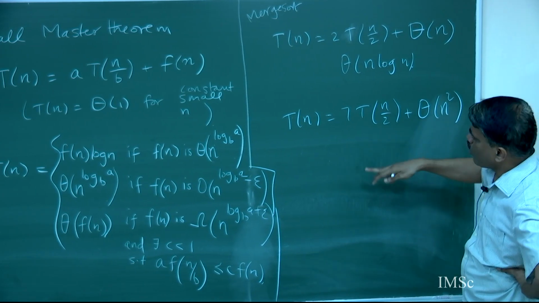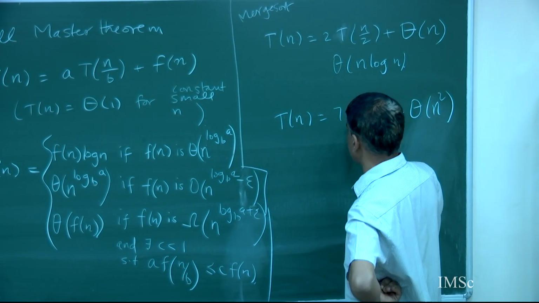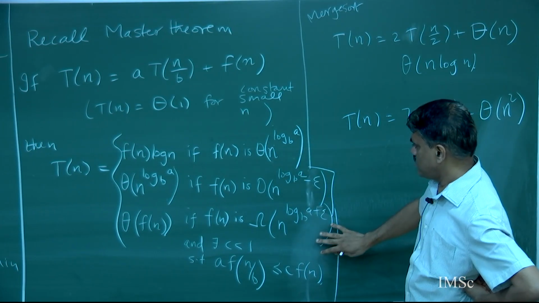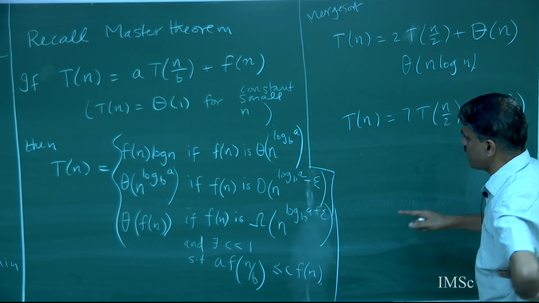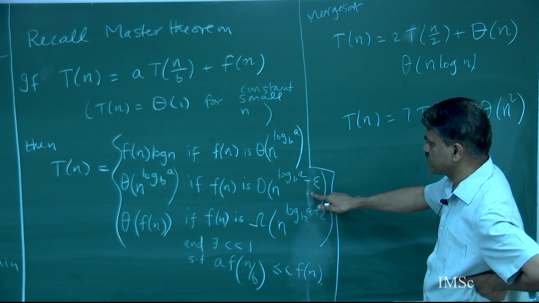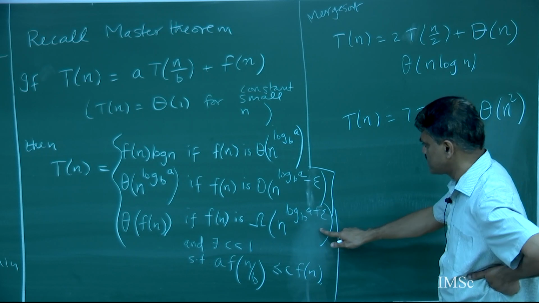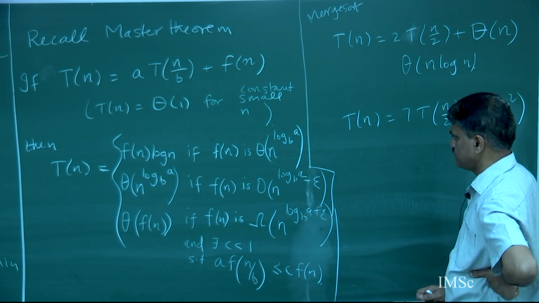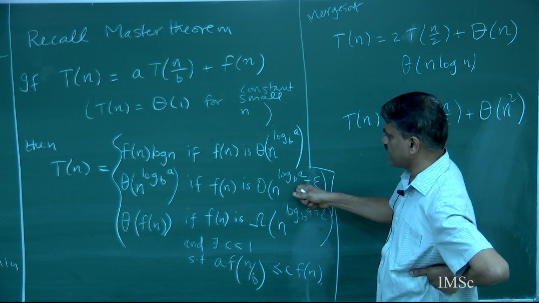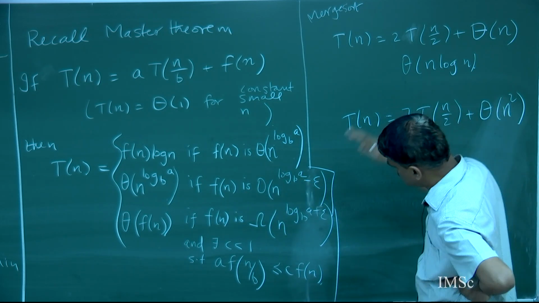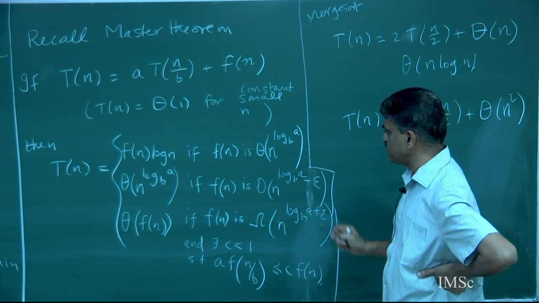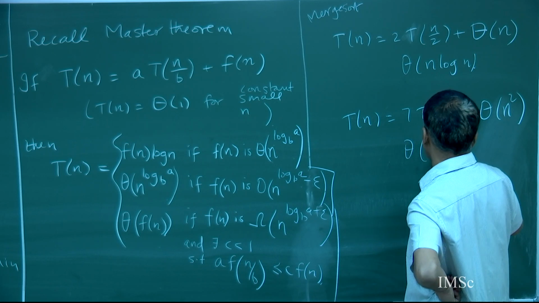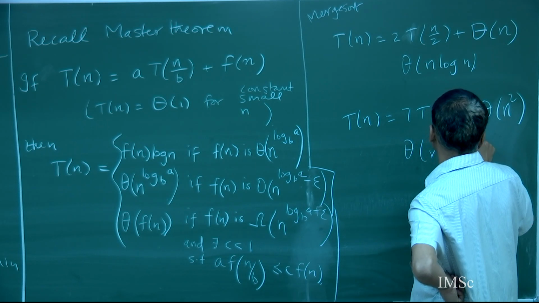Then log a to the base b here is log 7 to the base 2, which is more than n squared, so it is in this category: f of n, which is n squared, is smaller than n to the log a to the base b by an epsilon quantity. So it is theta n to the log 7 to the base 2.